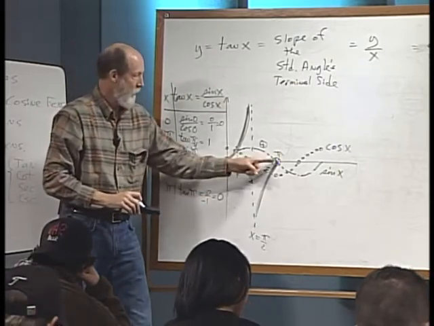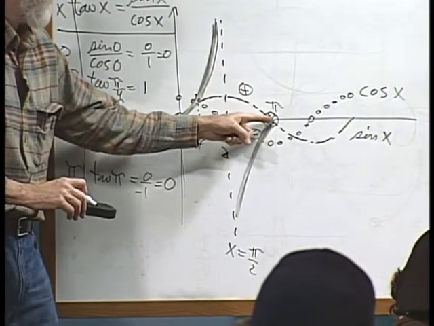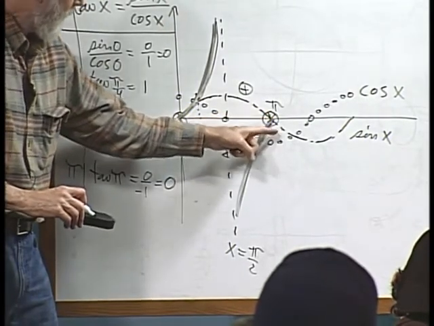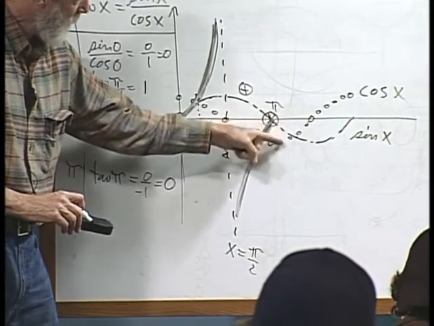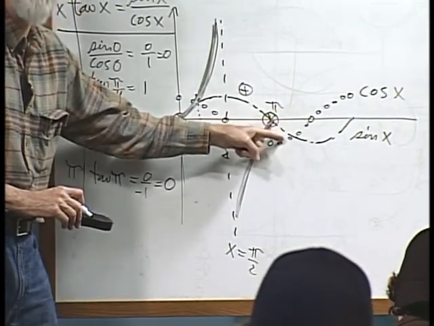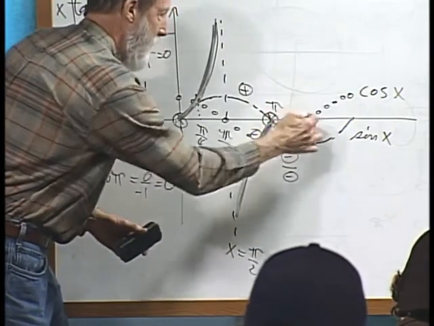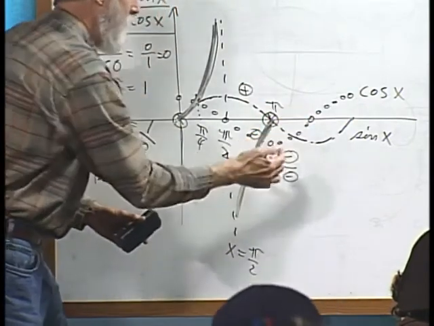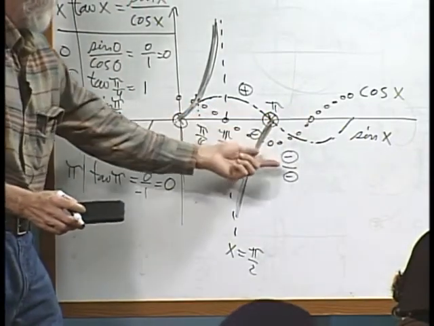Now, what happens when I go past pi? Look at the picture. We have negative values for the sine divided by negative values for the cosine, so negatives over negatives are going to yield positive results in this area right in here. And so what are you going to expect to see?